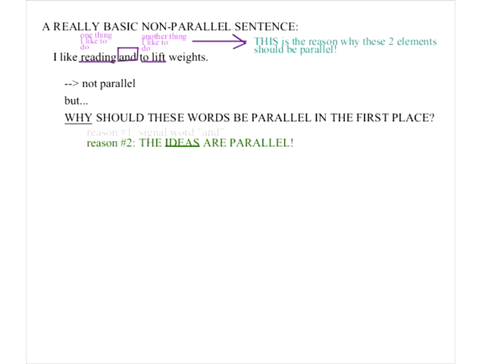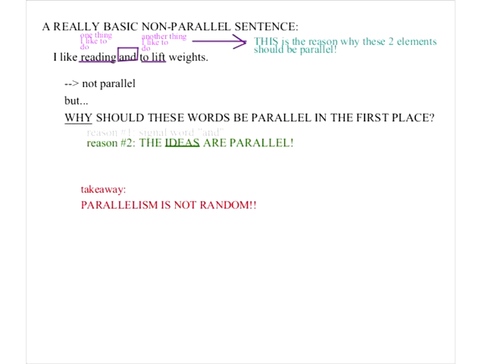In other words, the big takeaway for you guys here is this. Okay, parallelism is not random. Okay, you can't just pick random words out of the sentence and make them parallel.